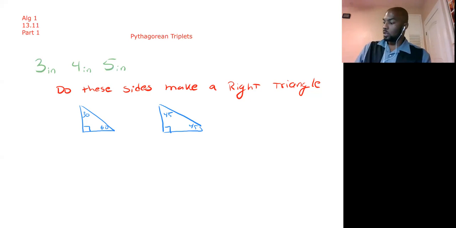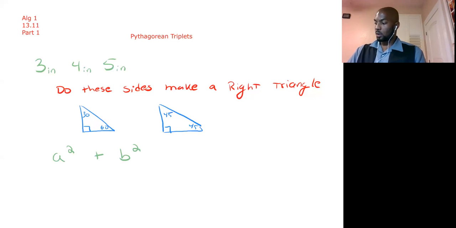All you need to do is use the Pythagorean theorem. And as we know, the Pythagorean theorem is a squared plus b squared equals c squared. So what you do is, hopefully they gave you the numbers in the right order, you take the first number, which is 3, and substitute it for a, so it's 3 squared.